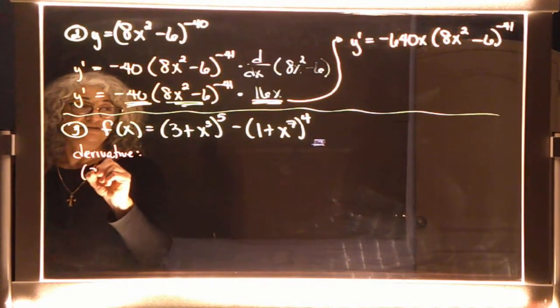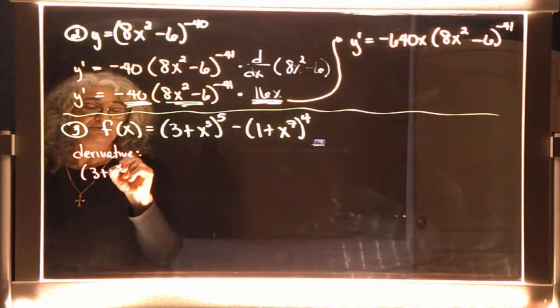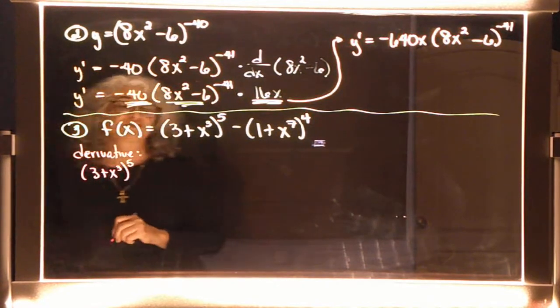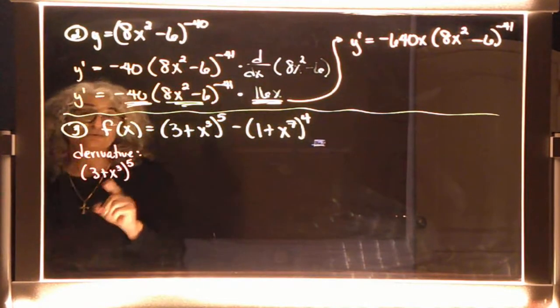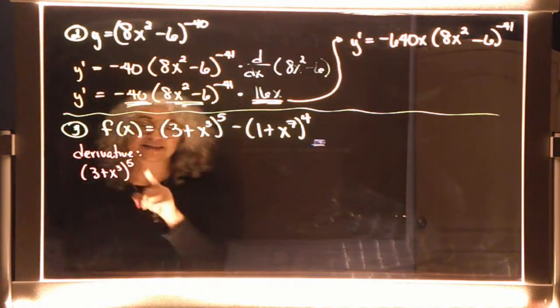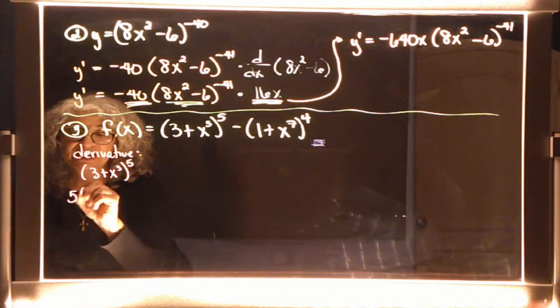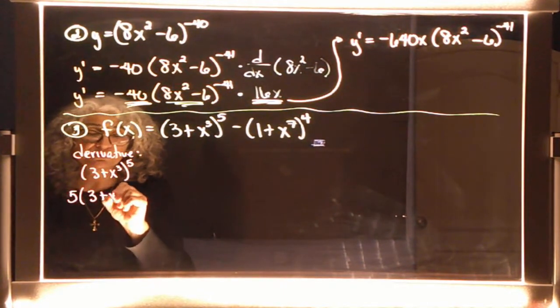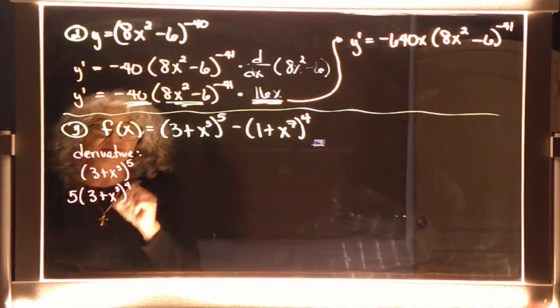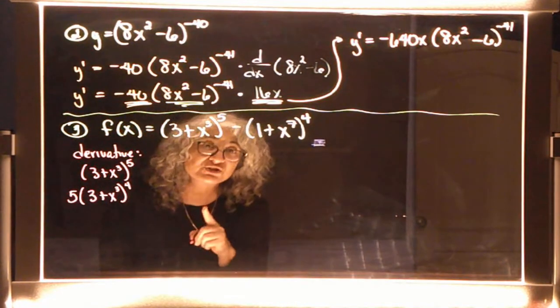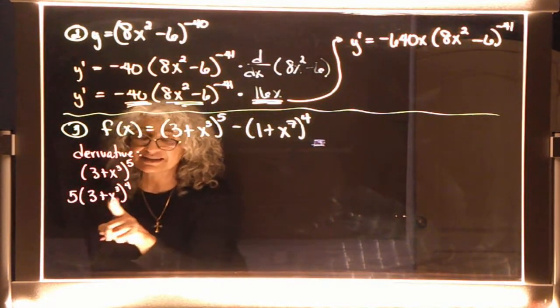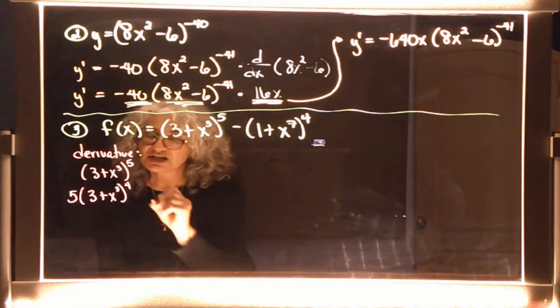of the 3 plus x to the third to the power of 5. To find that derivative, what do we do first? Yeah, we bring down the 5 and we reduce it by 1, which is going to give us a 4. Now the question you ask yourself is this base an x? Nope, it's not.